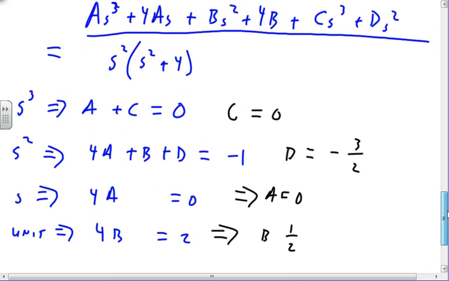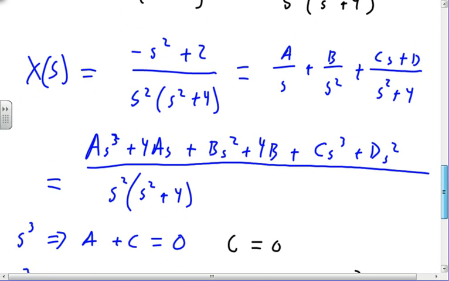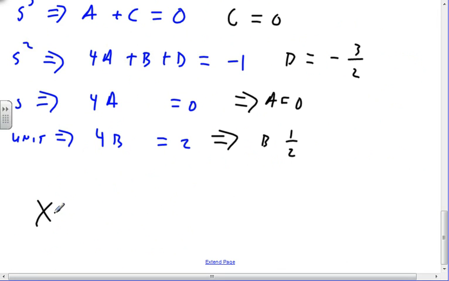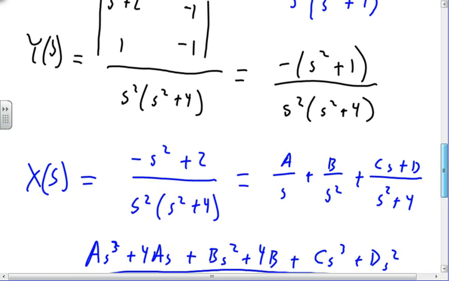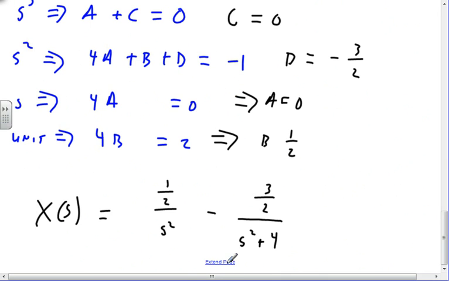Alright, so that being the case, I'm going to have x of s is equal to 1/2 over s squared minus 3/2 over s squared plus 4. Okay, so that looks good.